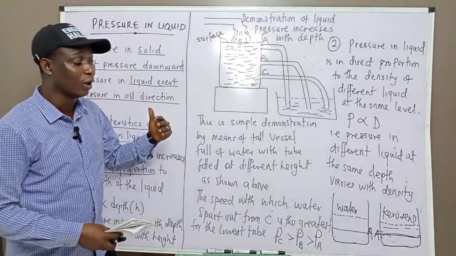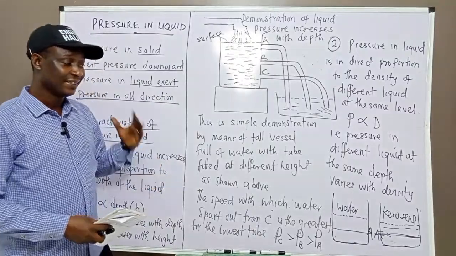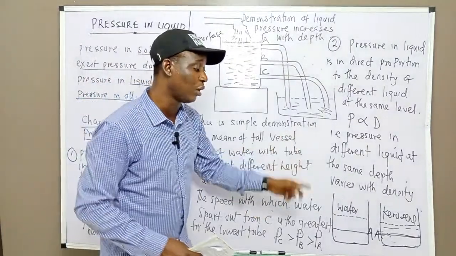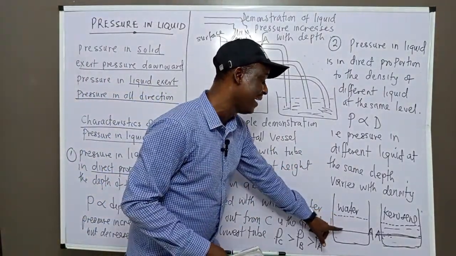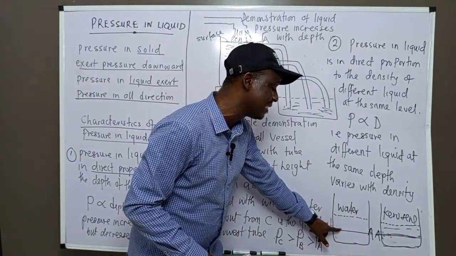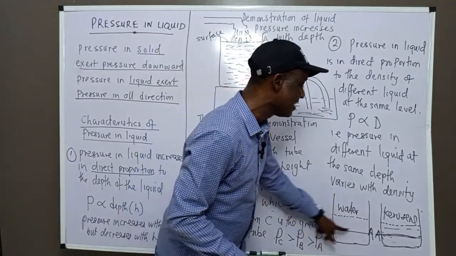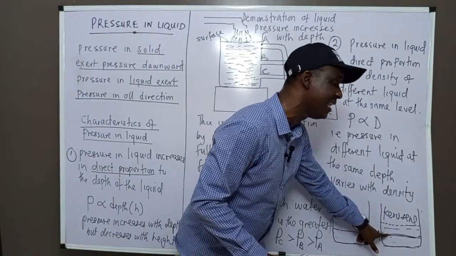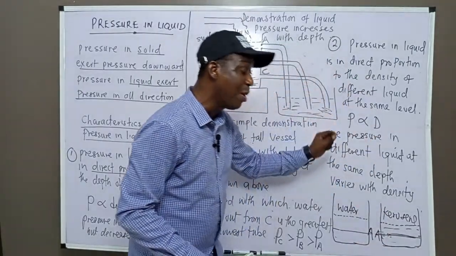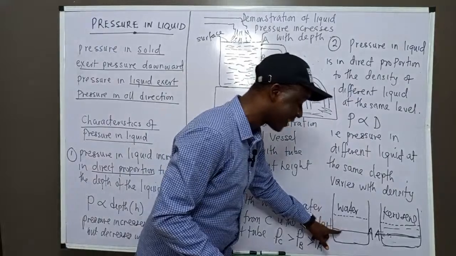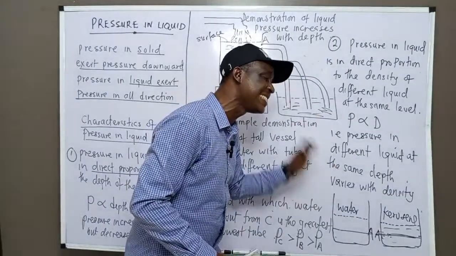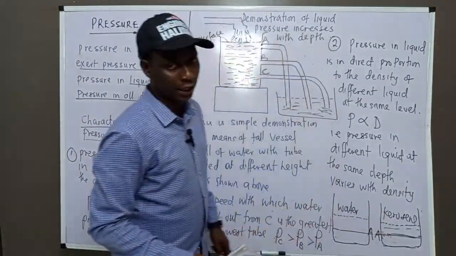So since it has a lesser density, the pressure at this level of water is higher than the pressure at the level of kerosene, simply because water has a higher density than kerosene.